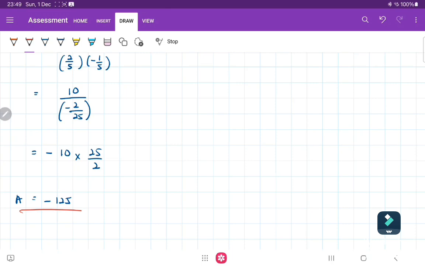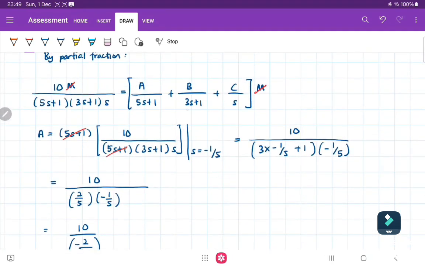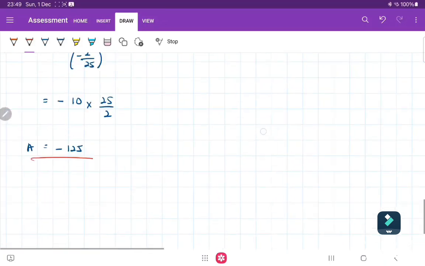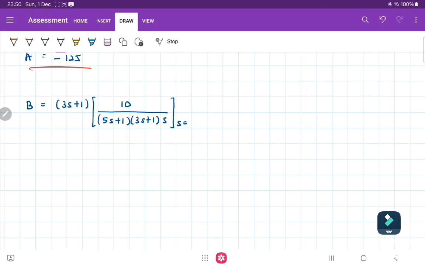We are going to use the same method for B. For B, the root is from 3s plus 1. So B is equal to 3s plus 1 multiplied with 10 over (5s plus 1)(3s plus 1) multiplied with s, and we evaluate it at s equals minus 1 over 3.